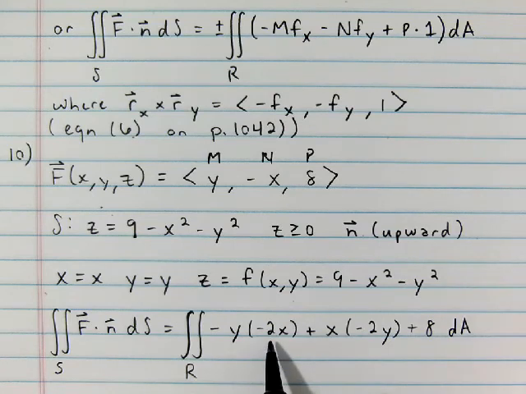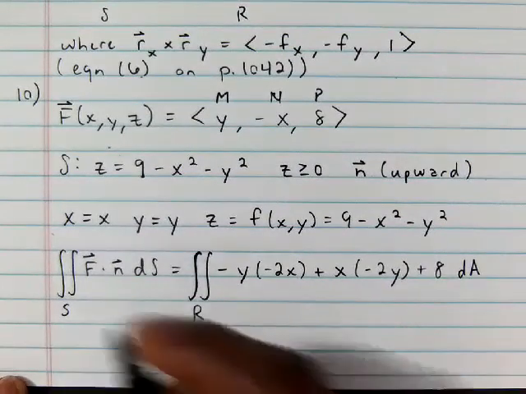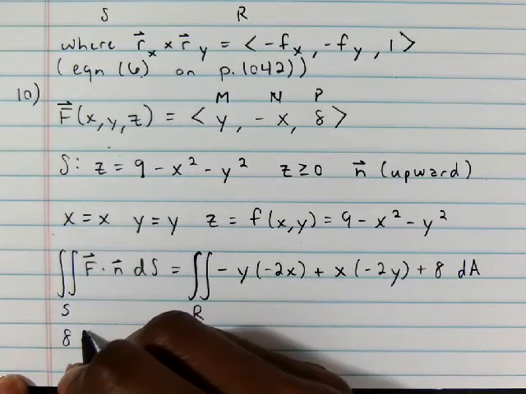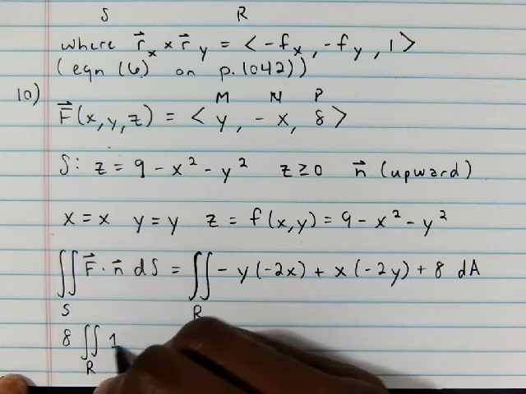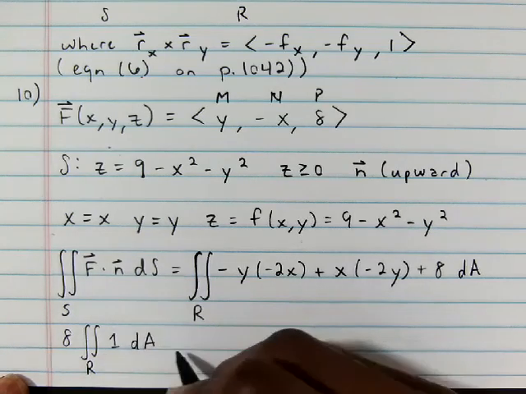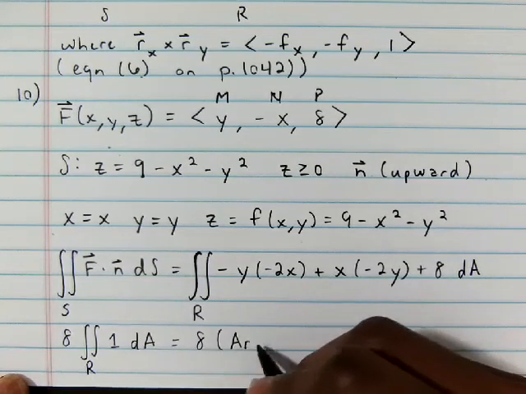And so we have 2xy minus 2xy, so those cancel, and then we're just integrating 8 dA. We can pull the 8 out: 8 times the double integral over R of 1 dA, which is just 8 times the area of R.